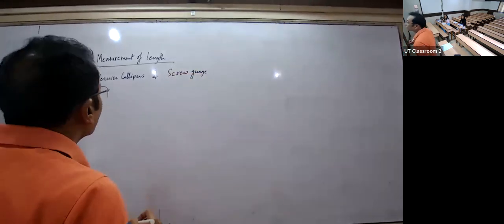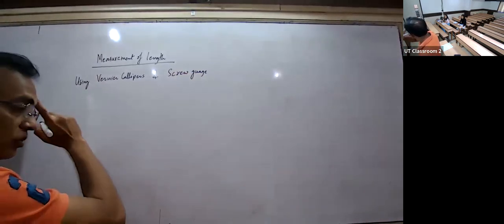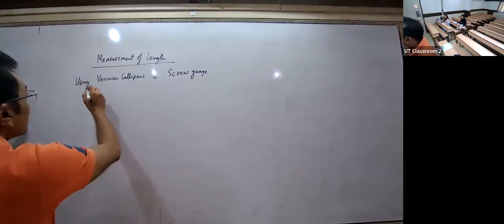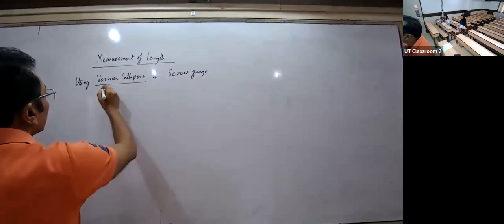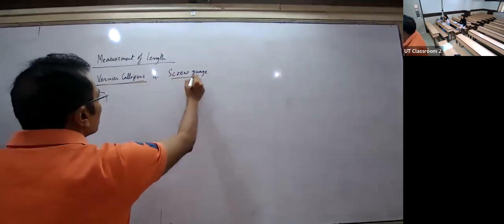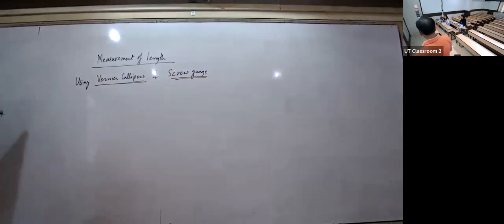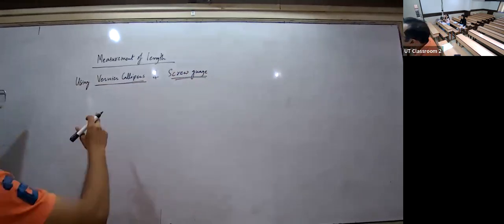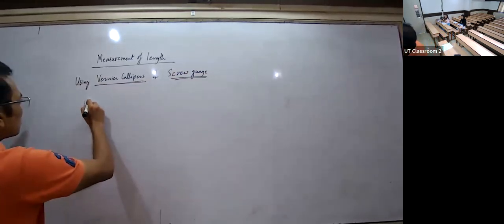Before measuring length, we need to know the least count of the device. Correct? So the least count of vernier calipers, how much was that?